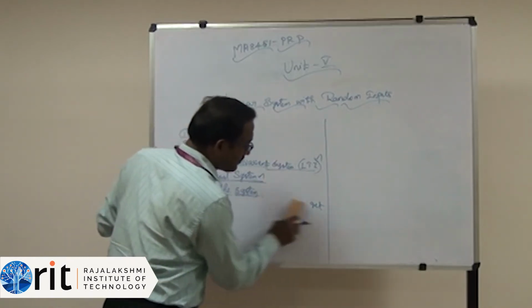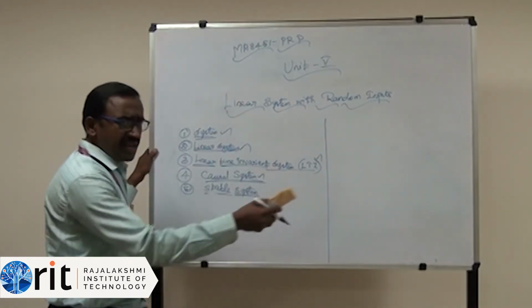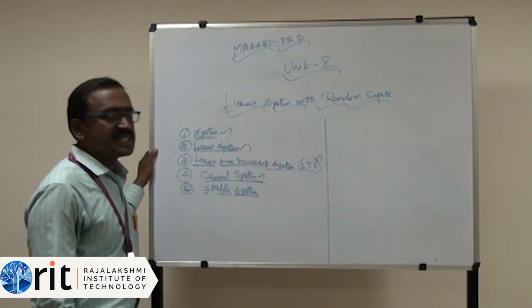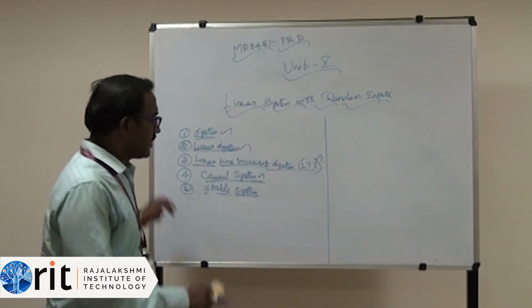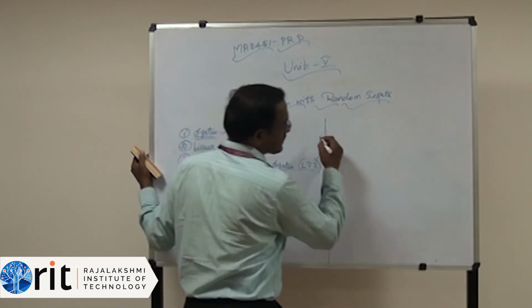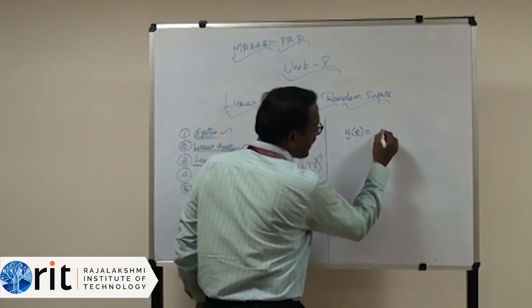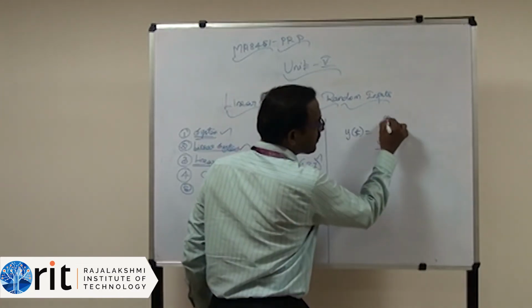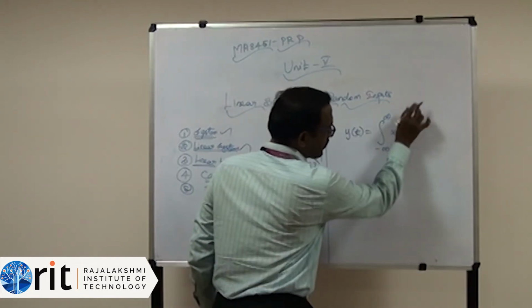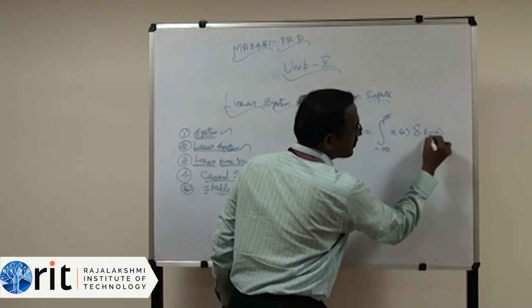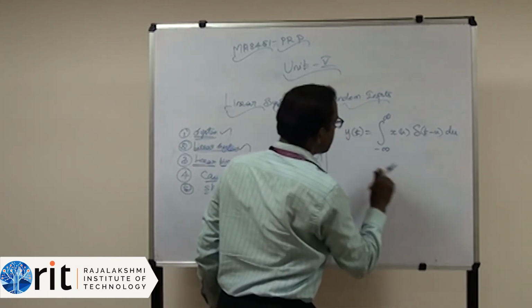These are the systems. And then the impulse response of the linear system. Normally we call it the impulse response. We can define y of t equal to the integral from minus infinity to plus infinity of x of u into delta of t minus u into du. That is the input.